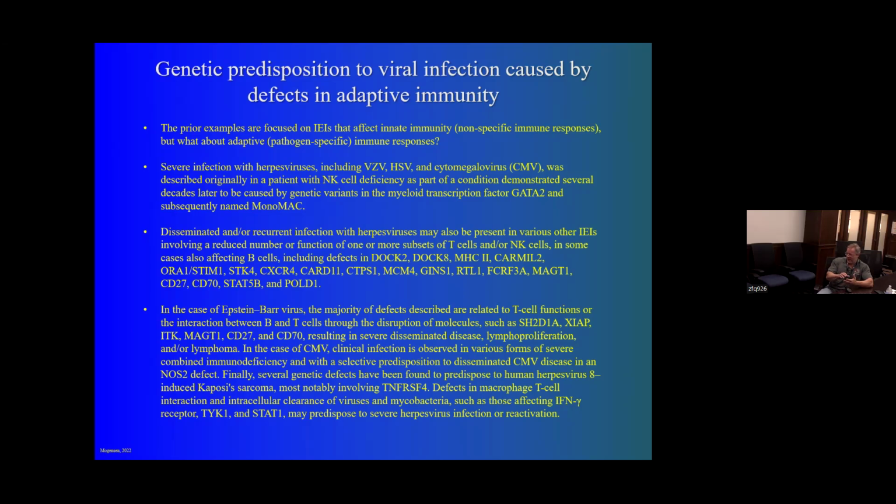So these inborn errors of immunity seem to particularly impact the ability of the immune system to sense and respond to these pathogens. And when this occurs, you get essentially what could be described or viewed as unchecked viral replication throughout the host.